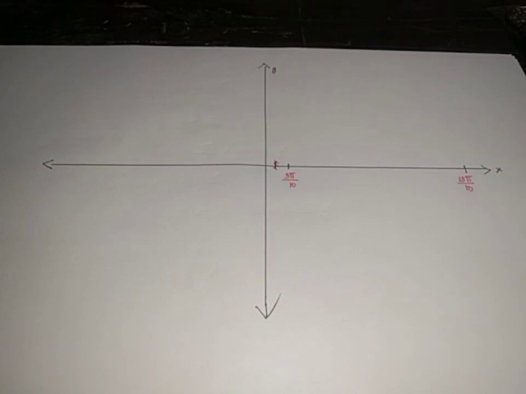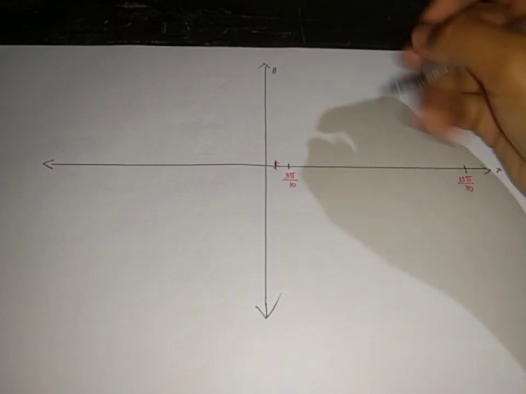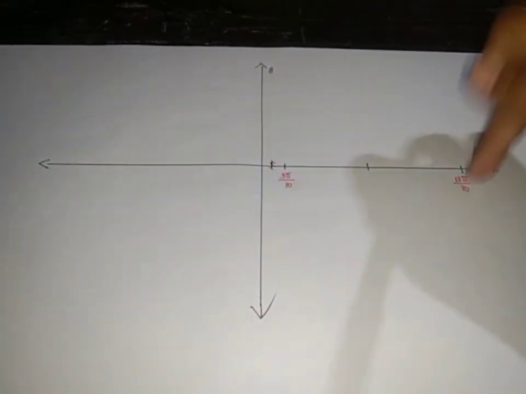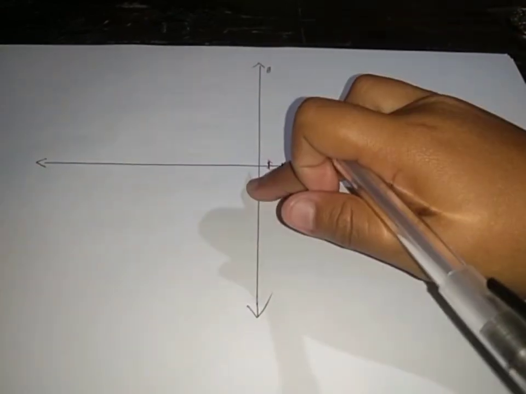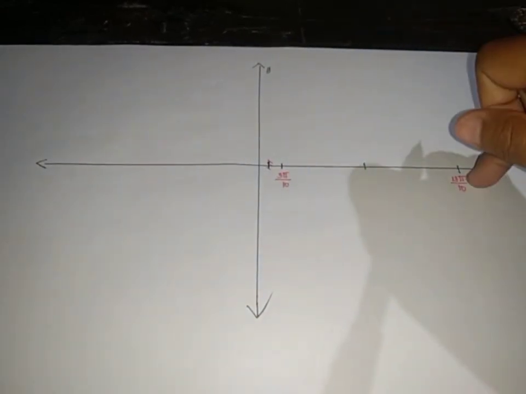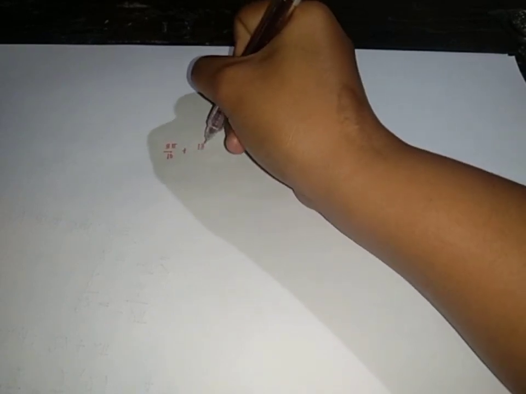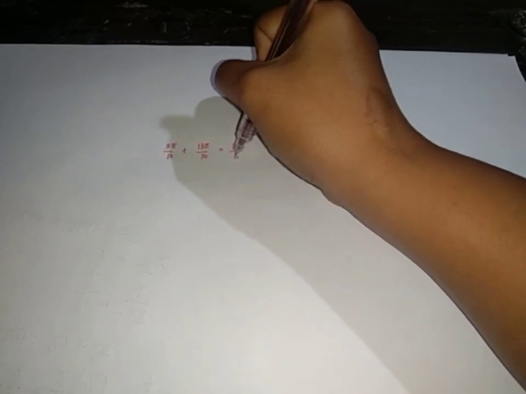So for me to get the half of these two, I need to add both, the starting point and the end point. And the answer will be 3 pi over 10 plus 13 pi over 10 is equal to 8 pi over 5.